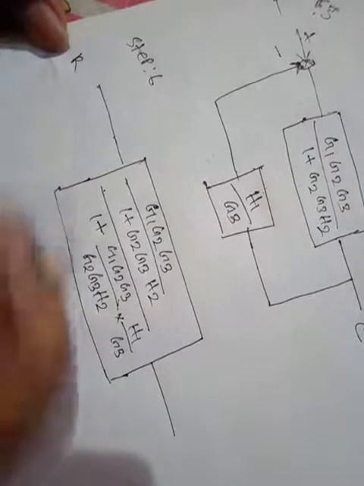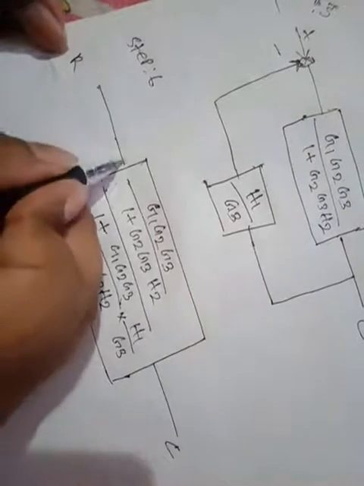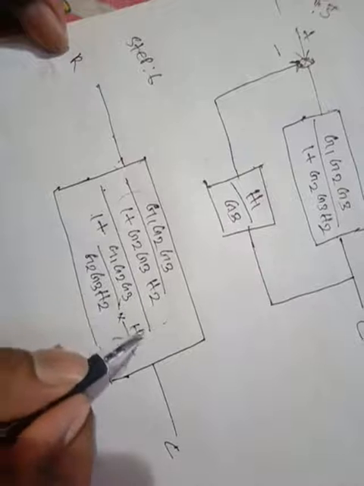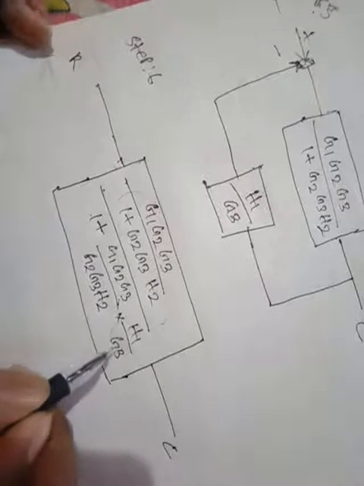R is the input, C is the output. The total value is equal to Gs, and H1 by G3 is equal to Hs.